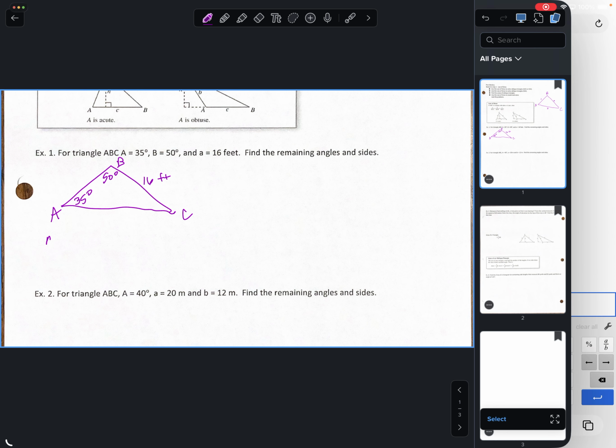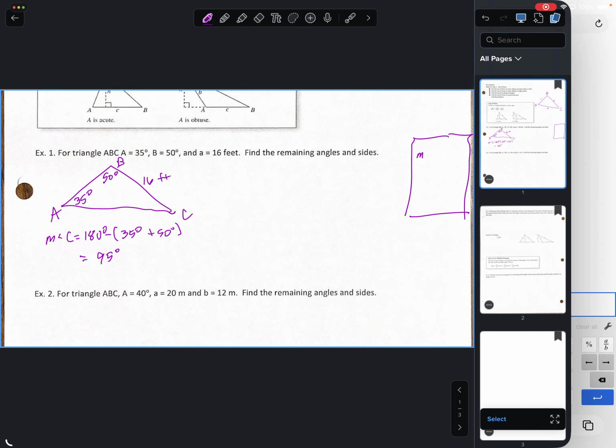And the measure of angle C should be easy because the sum of the angles of a triangle adds up to 180. So you just need to add up 35 and 50, which is 85, and subtract. And the measure of angle C is 95 degrees. I want a solution box.